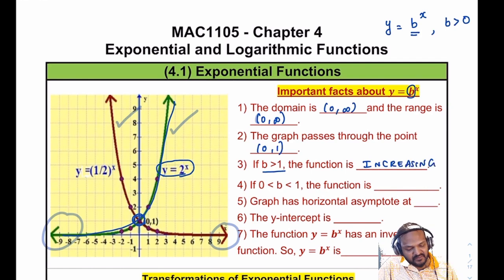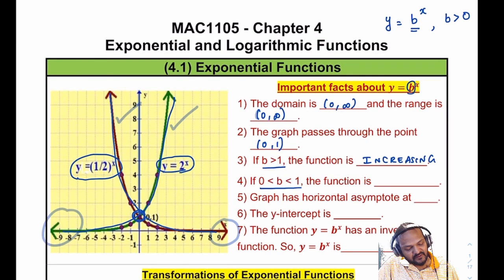And if b is between 0 and 1, as you see in this case, as x increases the function goes down and eventually approaches 0. So the function is decreasing whenever b is between 0 and 1.